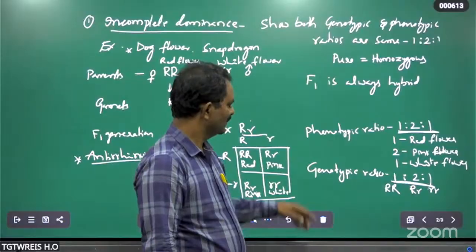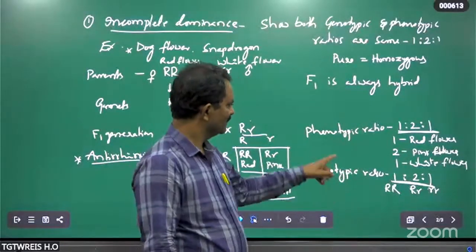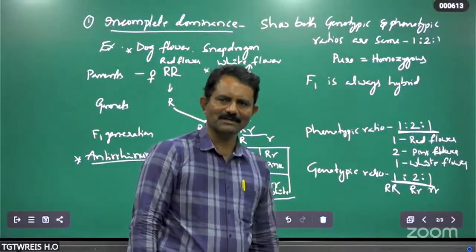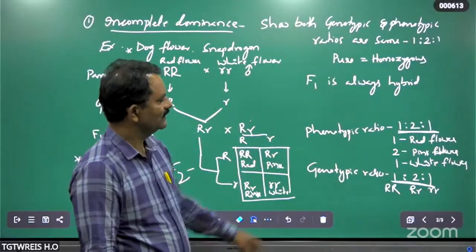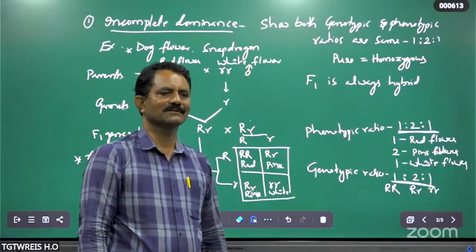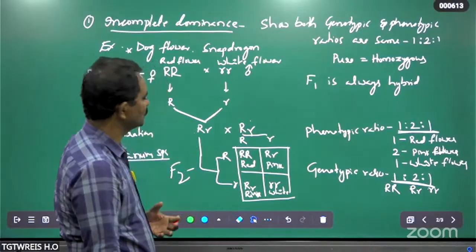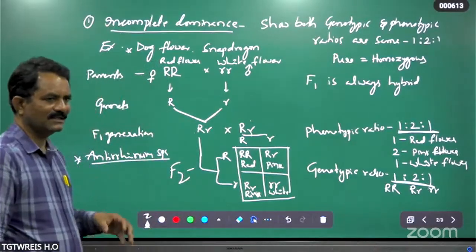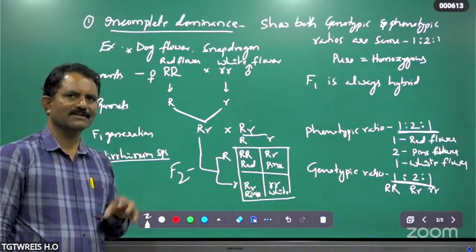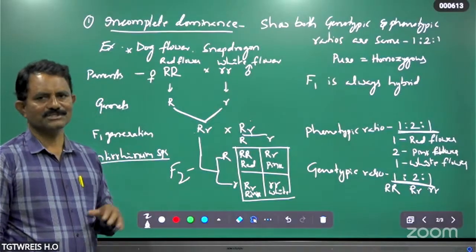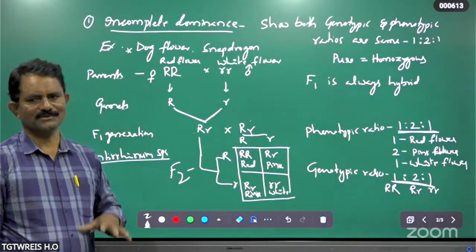Both are same. According to law of dominance, phenotypic ratio should be 3:1. But here, that is deviated. So in incomplete dominance and codominance, in both conditions, the phenotypic ratio is 1:2:1, as well as the genotypic ratio is 1:2:1.